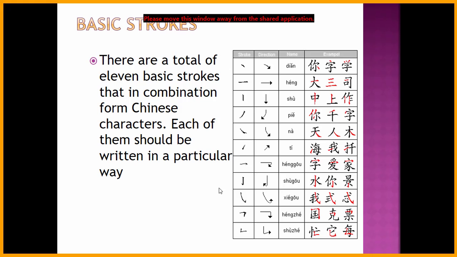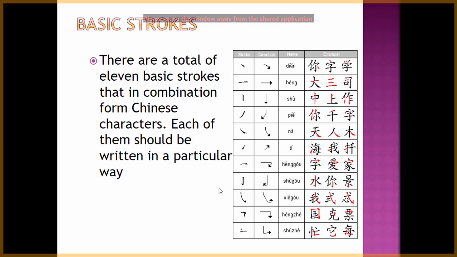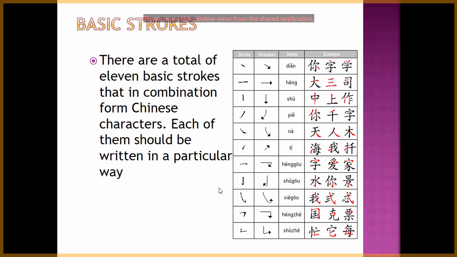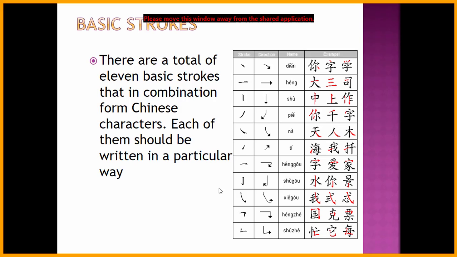In the same way, the next is heng. It is written from left to right. Shu, top to bottom. I am just revising. We will learn these things completely later on. Heng zhe, shu zhe, pie, na, ti, heng gou, shu gou, xie gou, heng che, shu che, right?